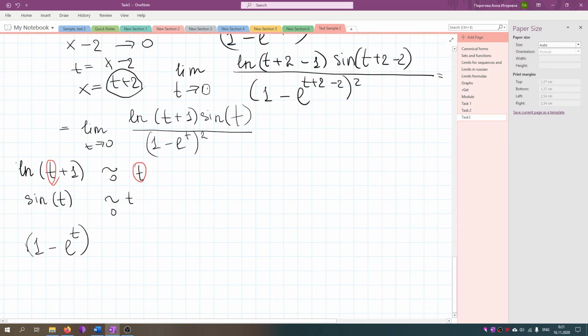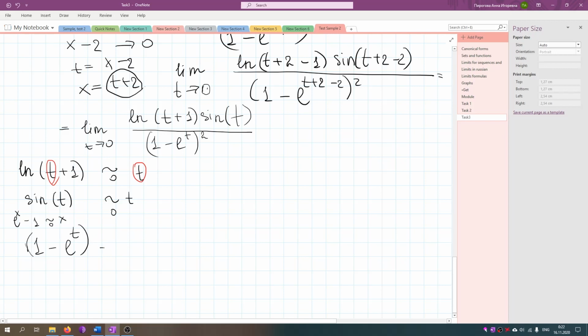So let's write it here. Minus 1 is equivalent to x. But our function is somehow different, so we need to change it in such a way that we can compute our equivalent function.